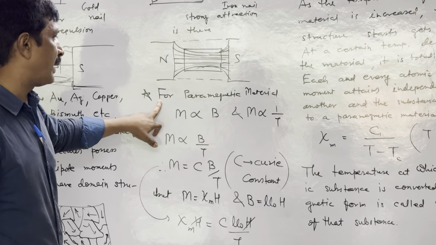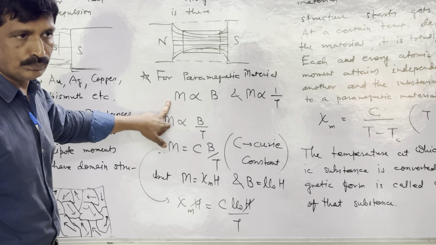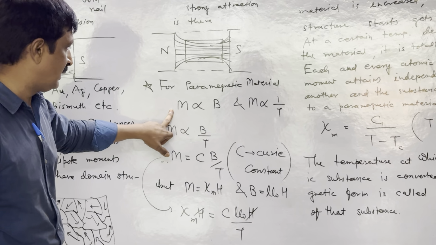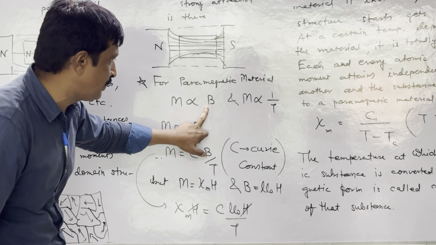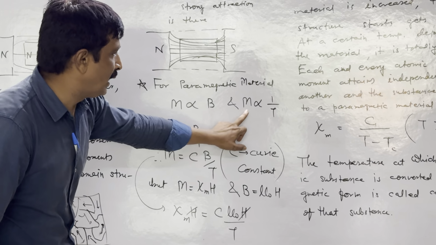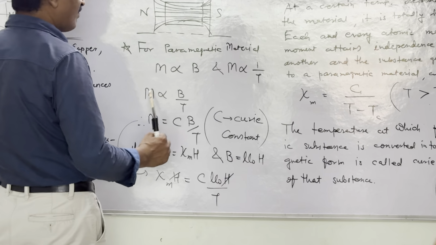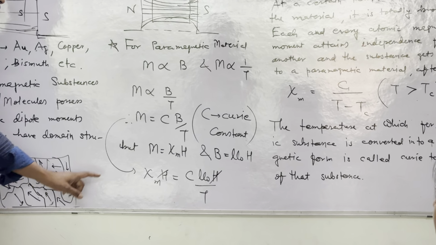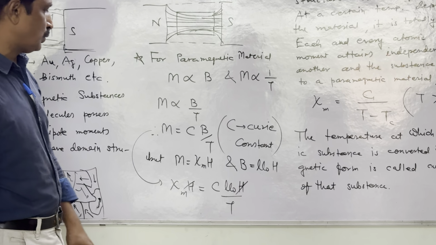Now again, for paramagnetic material, the magnetic dipole moment per unit volume, the intensity of magnetization M, is directly proportional to the applied magnetic field B and inversely proportional to temperature. Combining these two, M varies as B by T. So M equals C times B by T. C is called the Curie constant.